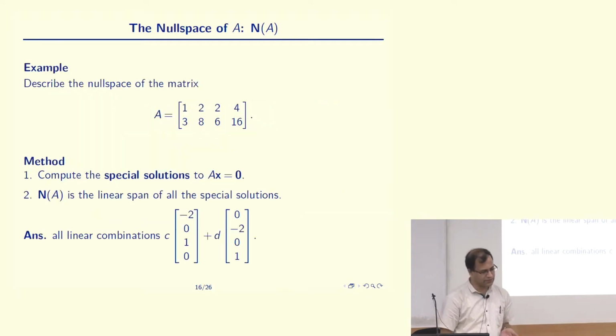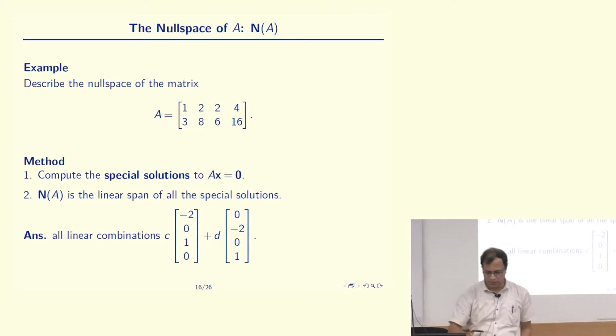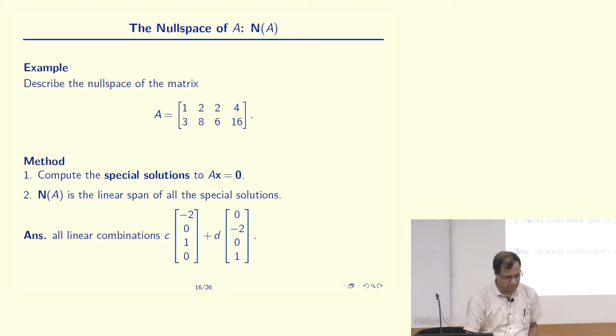So suppose we are given this matrix A, and then what is my null space? How can we compute it?